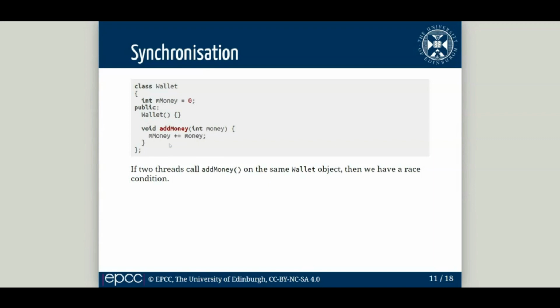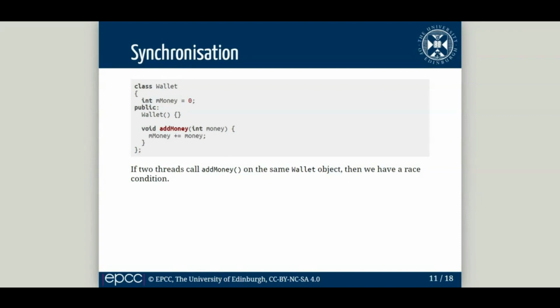You have the default constructor, and also this function here, add money. What you are doing is you pass by value the money that you want to add, and the variable m_money is updated. But the problem is if you execute this using several threads, there could be a race condition, because this value could be updated while another thread has already read it.